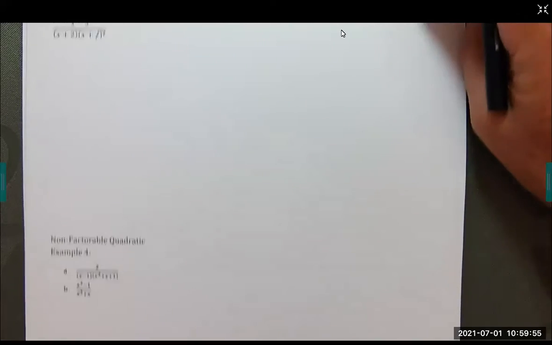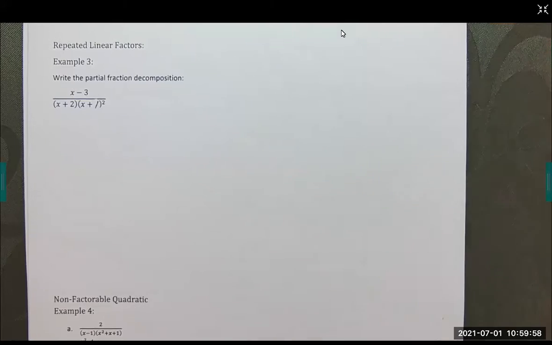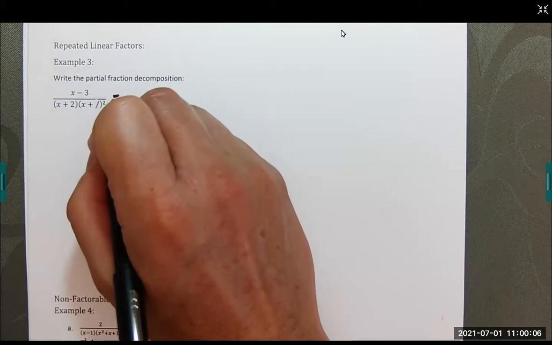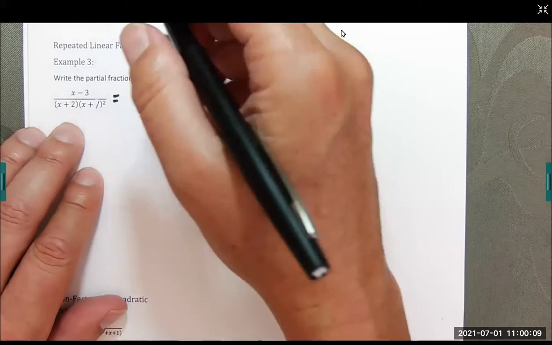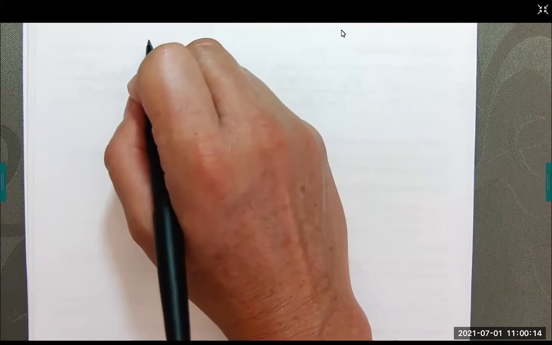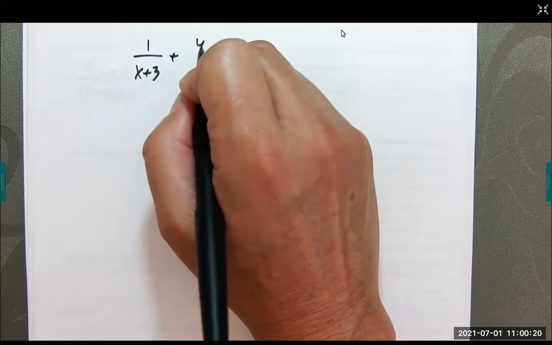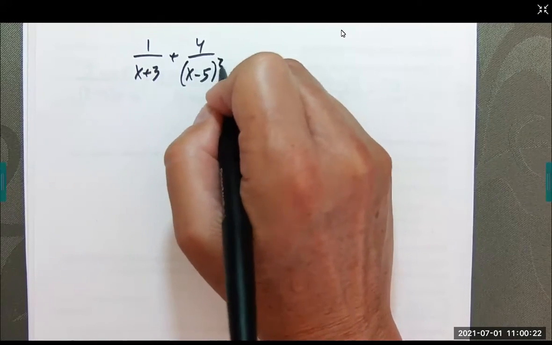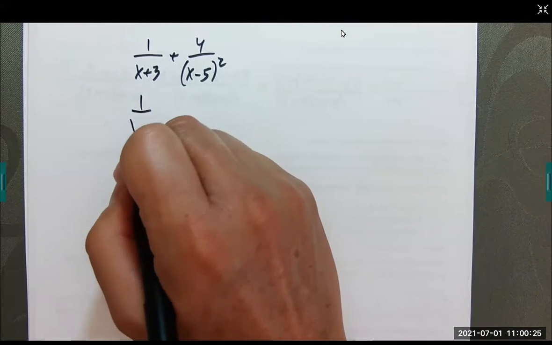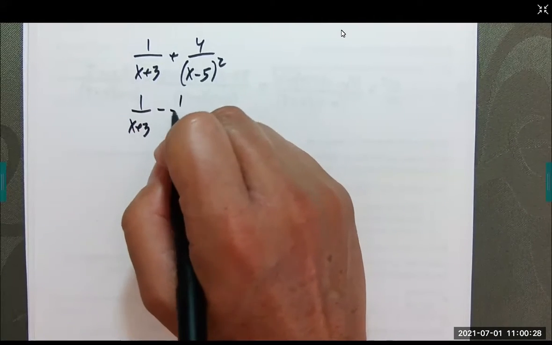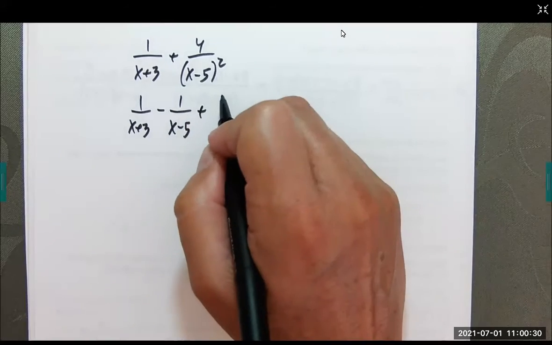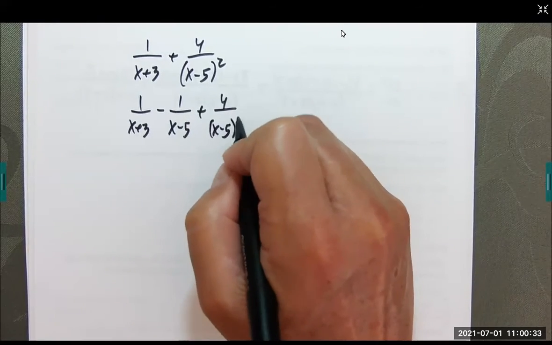All right. Our other option is, what if we have a repeated linear factor? Well, here's the thing. We are going to assume, in fact, let me write this. If I say that I want to add that, or I wanted to add this, the LCD is the same.